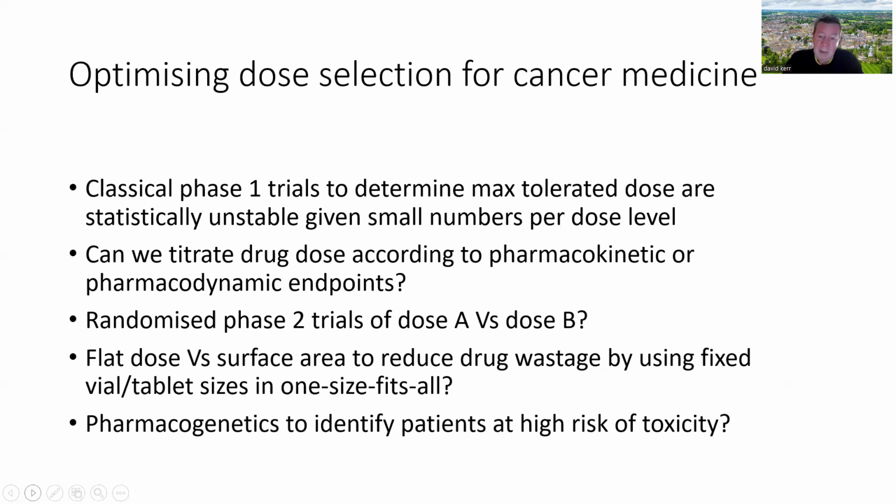So every patient in the United Kingdom has a genetic test before they receive treatment with 5-FU or capecitabine. And real-world evidence shows that we reduce the death rate from fluoropyrimidine toxicity, we reduce hospital admissions, and in our nationalised healthcare service, we significantly reduce costs. So these are some of the areas that we should be thinking about when we're trying to optimize dose selection for our patients.